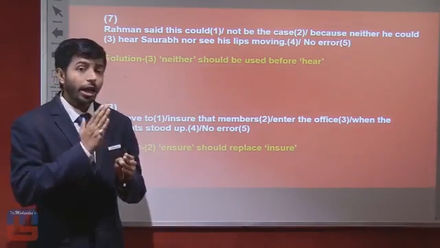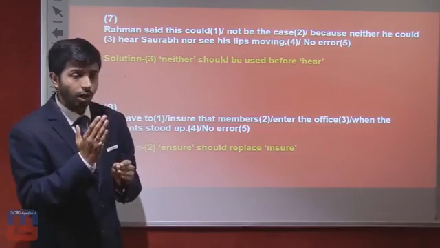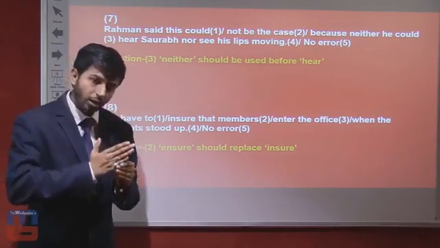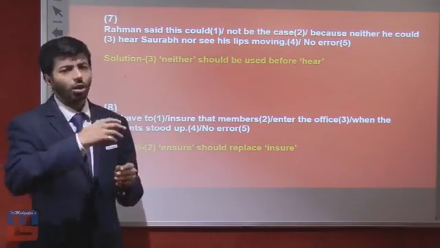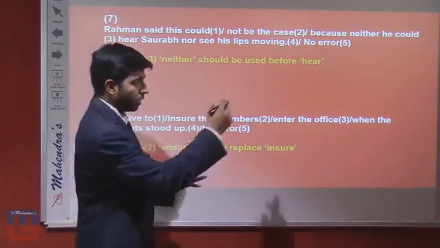Parallel parts of speech means if neither works with a noun, nor works with a noun. If neither works with a preposition, then nor works with a preposition. The same rule works with either or and not only but also.